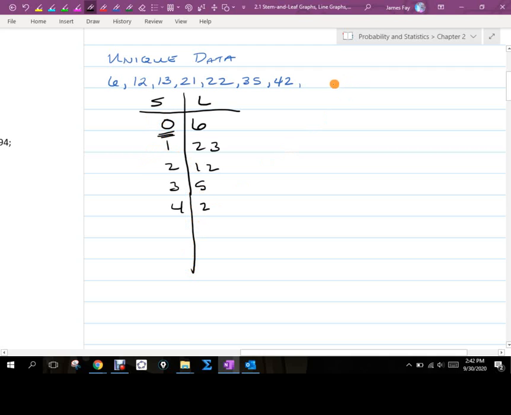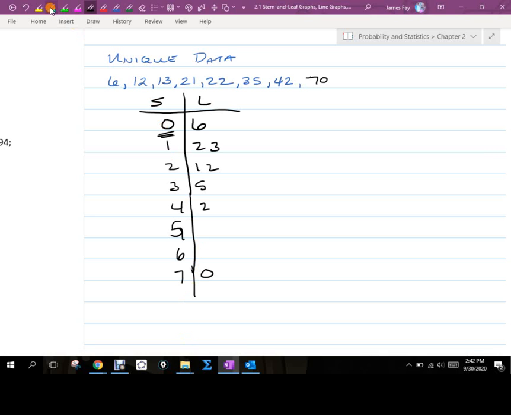Another issue is, let's say that I jump all the way to like 70. 70 is my next data piece. Okay, well, I don't want to go from 4 straight to 7, and I'll show you why. I'm actually going to write down the 5, the 6, and the 7, and now I've got that data point, right?